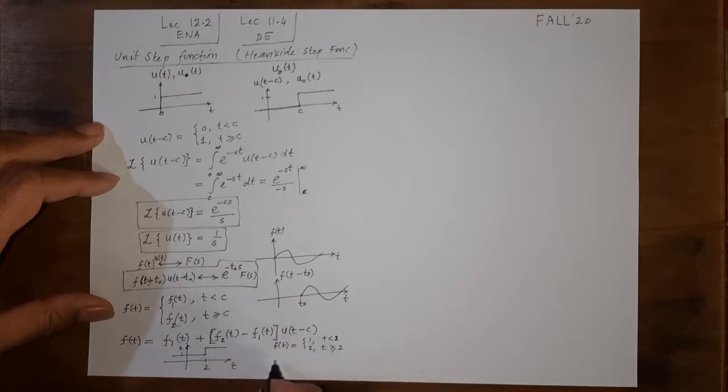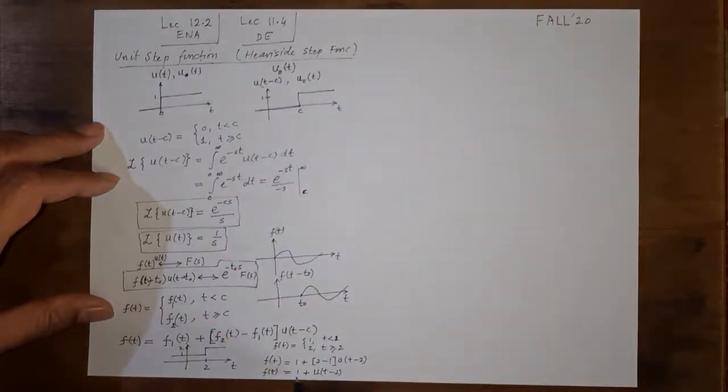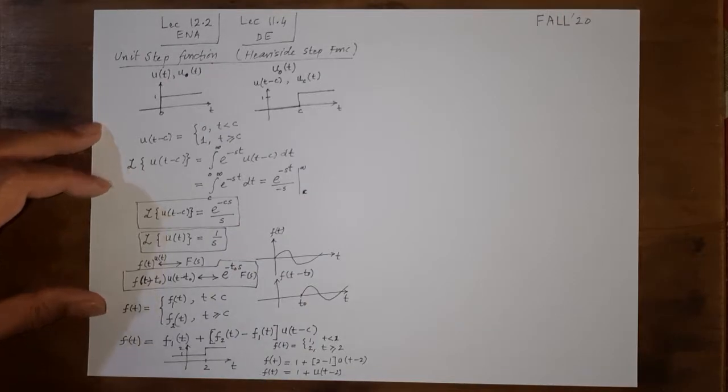So just in this fashion we can write f(t) as 1 plus (2 minus 1) u(t minus 2), or 1 plus u(t minus 2), which actually is what I was describing, that u(t minus 2) has been shifted up by 1, is the same thing.